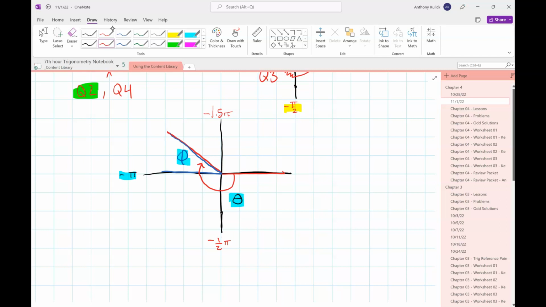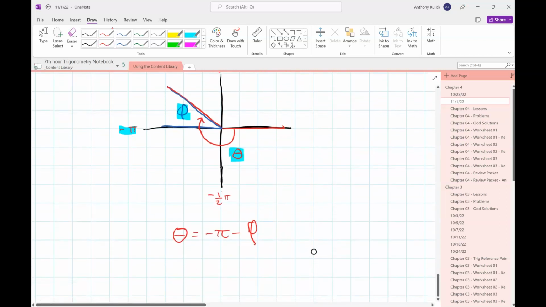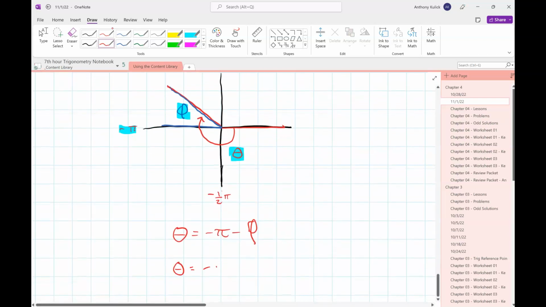So it's actually less than, even though it's going past. It's the opposite of what you expected, because as you go further negative, you're getting smaller, like negative 6 is smaller than negative 5. It's counterintuitive. So we're going to be subtracting phi from negative pi. That's the only complication here.